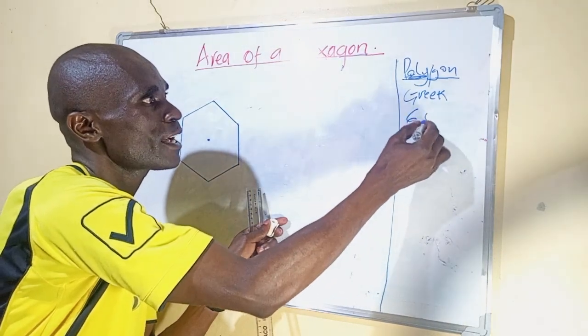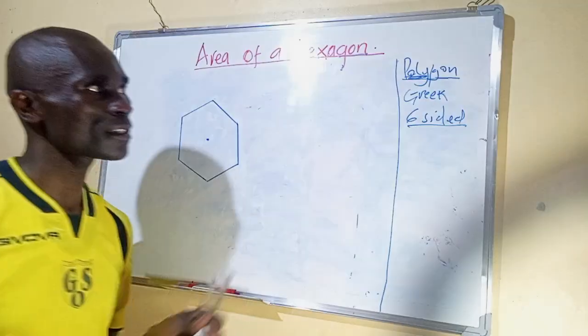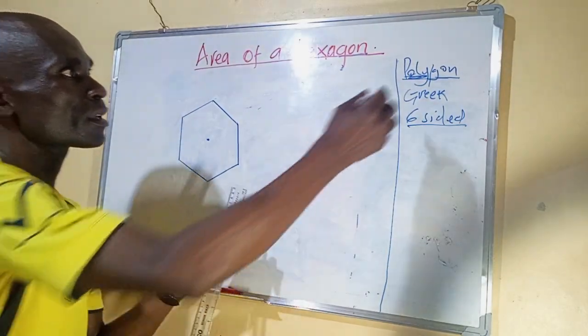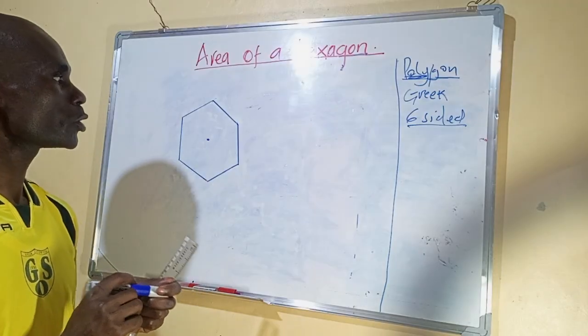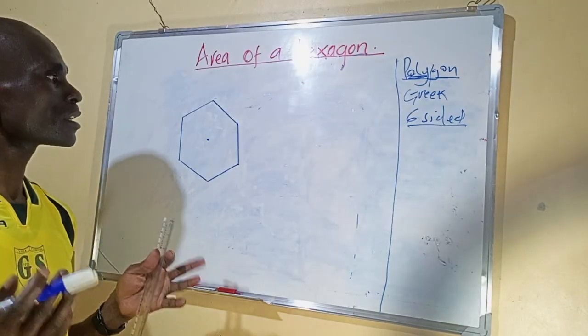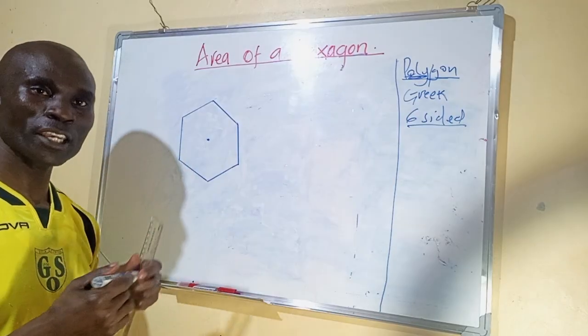So for a 6-sided figure, with many sides, that is the poly as in polygon, we are going to look at how better we can have the knowledge about the hexagon.